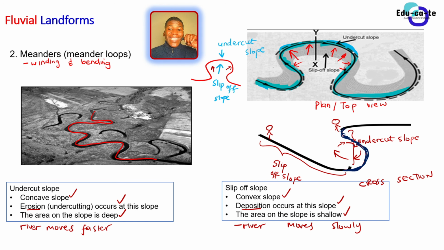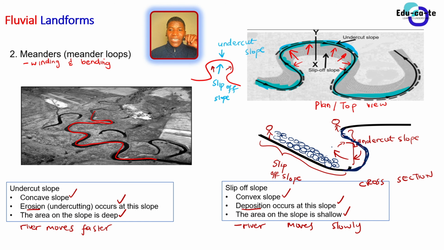But because there's been undercutting, the eroded materials have been removed, and they will be deposited here at the slip-off slope, because the river at this point is moving slowly. So here we have it.